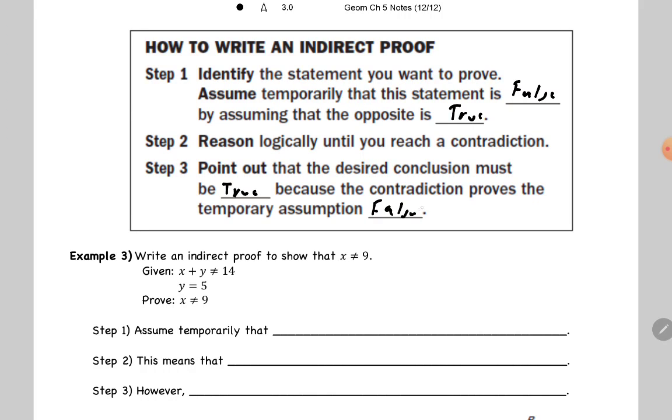So let's do an example to explain this. Write an indirect proof to show that x cannot be equal to 9, given that x plus y is not equal to 14 and y equals 5. So what you're trying to prove is x is not equal to 9. So we're going to assume the opposite. Assume temporarily that x does equal 9.